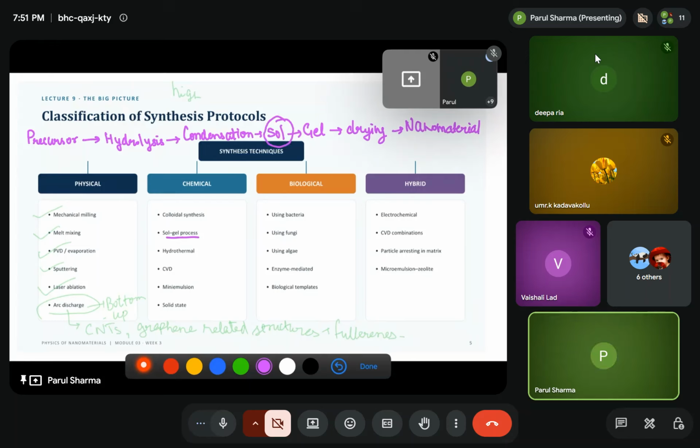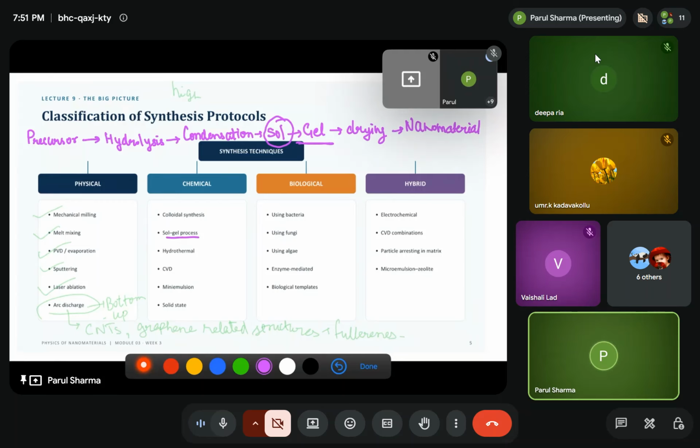The name comes from the two important states formed during the process. Sol is a colloidal suspension containing very small solid particles or clusters dispersed in a liquid. And the gel is formed when these particles or species become interconnected, producing a three-dimensional network that traps the liquid within it.